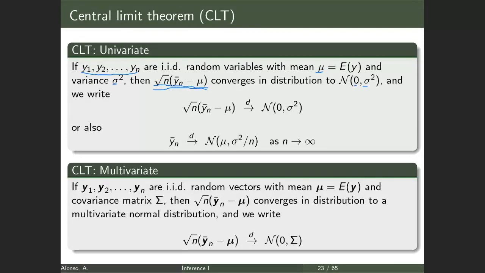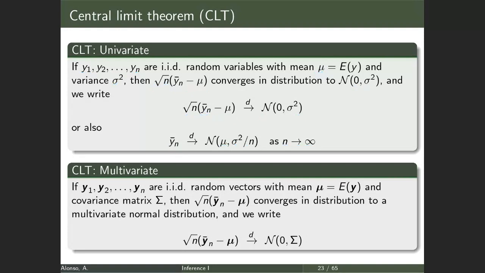So the root of n times the sample mean minus mu follows, if n is large enough, if n goes to infinity, a normal distribution with mean zero and variance sigma square. Or if you want, the sample mean follows a normal distribution with the same mean as the original data, mu, and the variability of the original data, sigma square divided by n. And that happens approximately if n goes to infinity. That's called the central limit theorem.